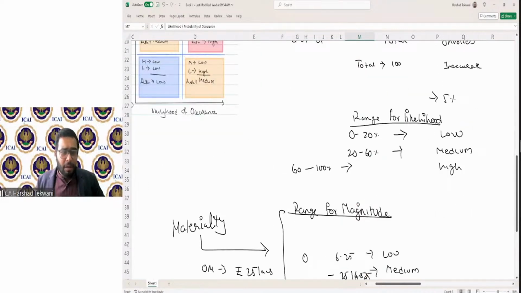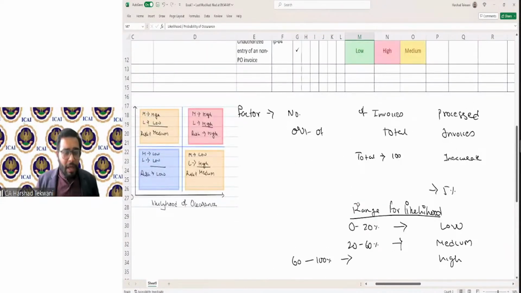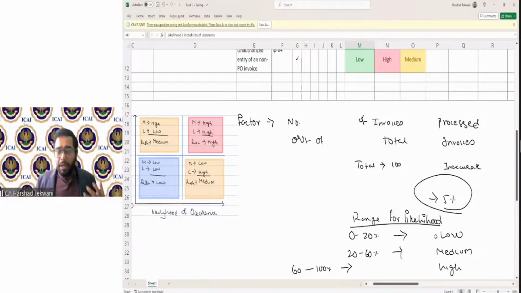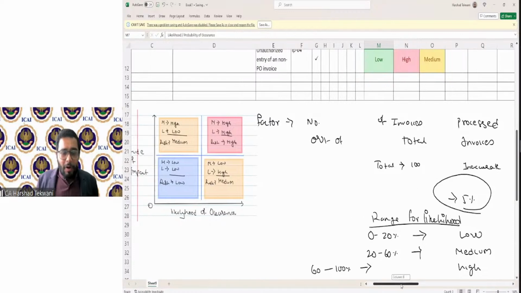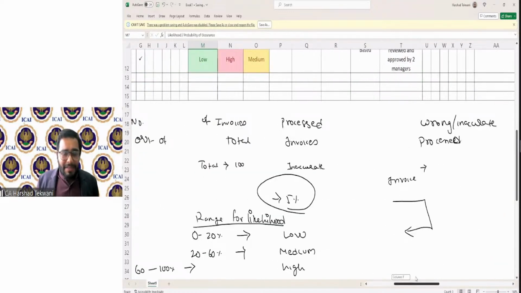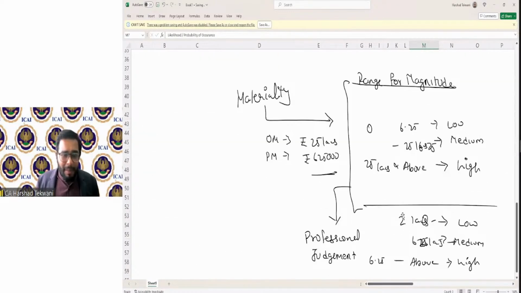We understood that there could be a 5% chance of multiple misstatement, not once but multiple times. Out of a total of 100, there could be 5 invoices where we can identify misstatement.